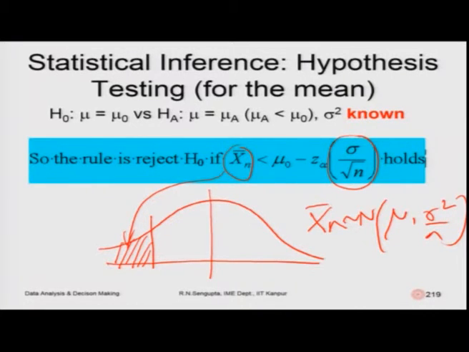Hence, when you convert to a z normal value, it will be x bar n minus mu by sigma by square root of n. So this is going here.